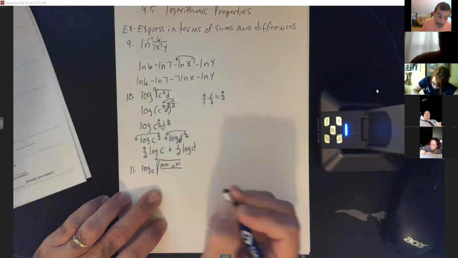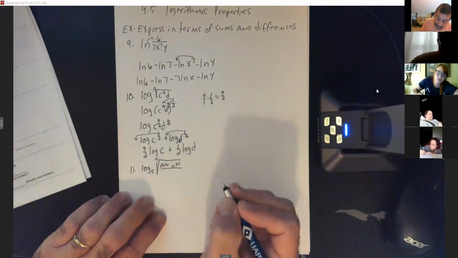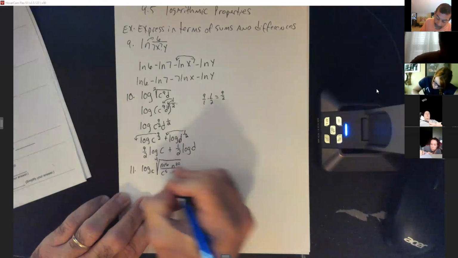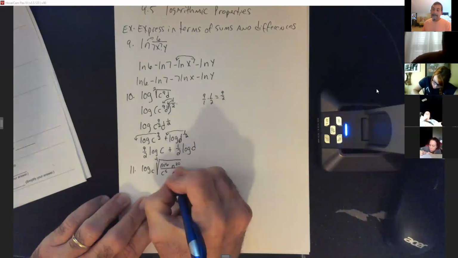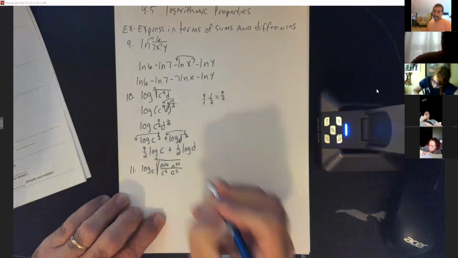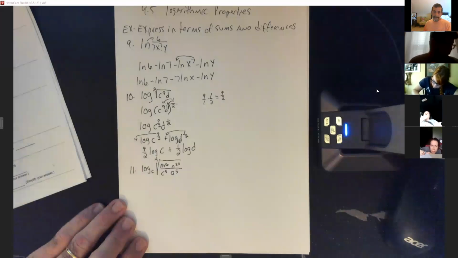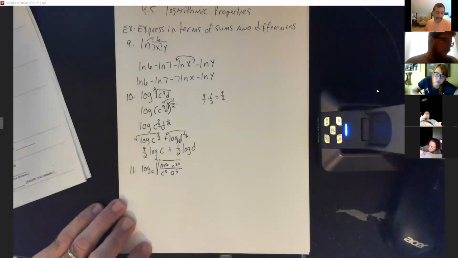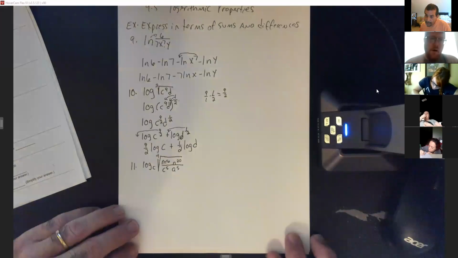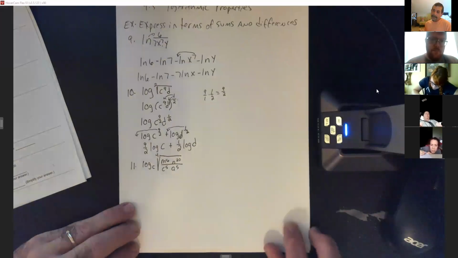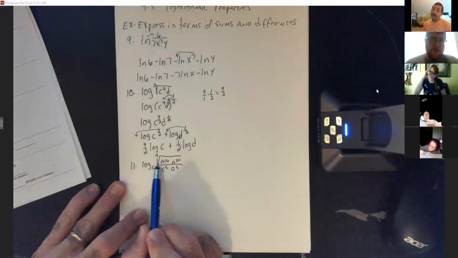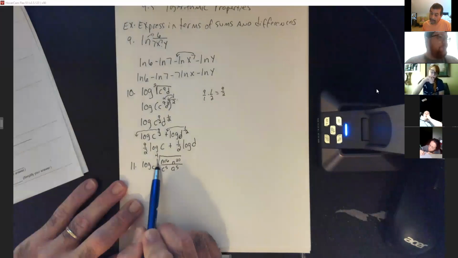On bottom is C to the 5, A to the 5. So this is like the granddaddy of these problems here, okay? So this thing, we got a radical here, so our first move, we want to get rid of that radical.